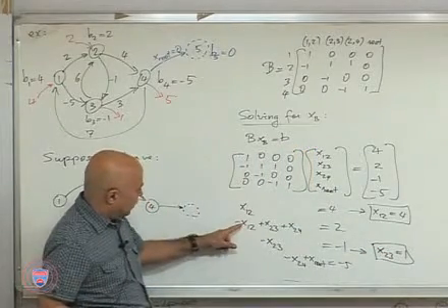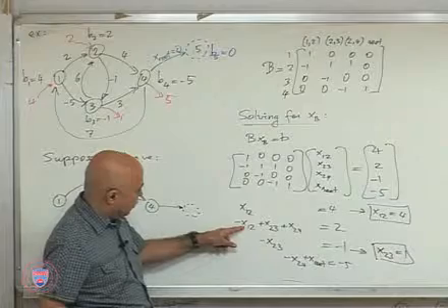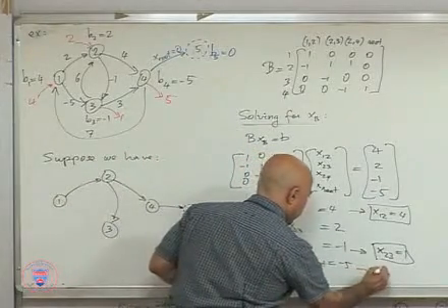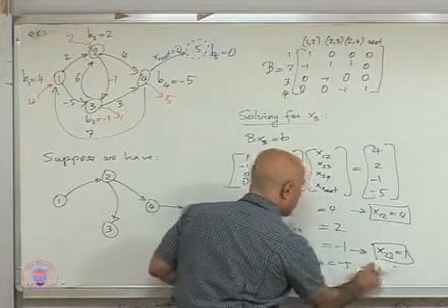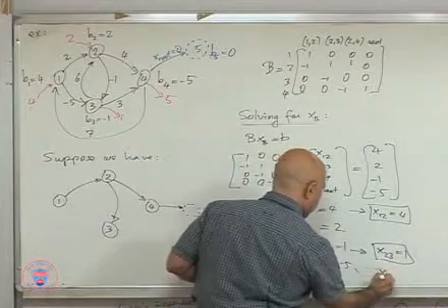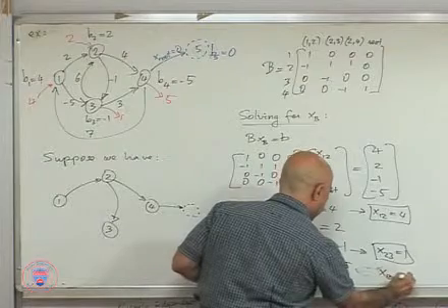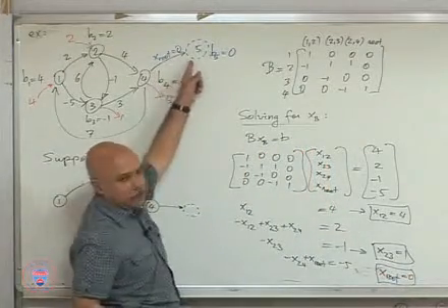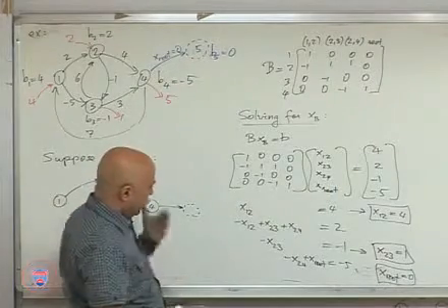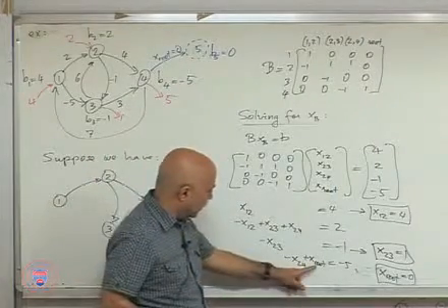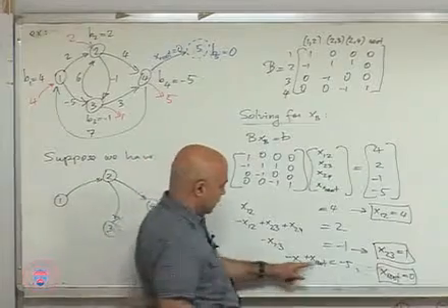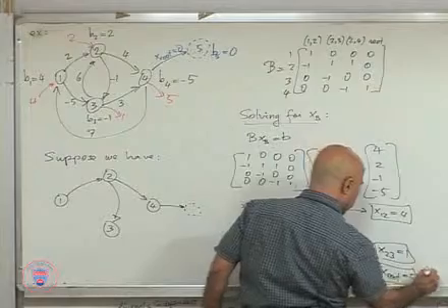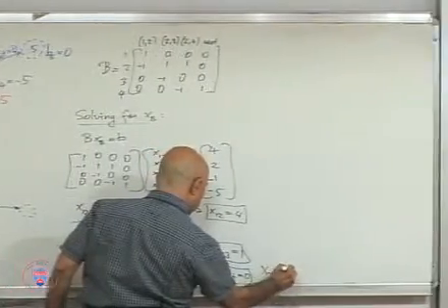And x root is always 0. Why is it always 0? Because you have to balance the flow here, okay? All right, so when x root is 0, x24 is definitely 5. So this gives you x24 value of 5.